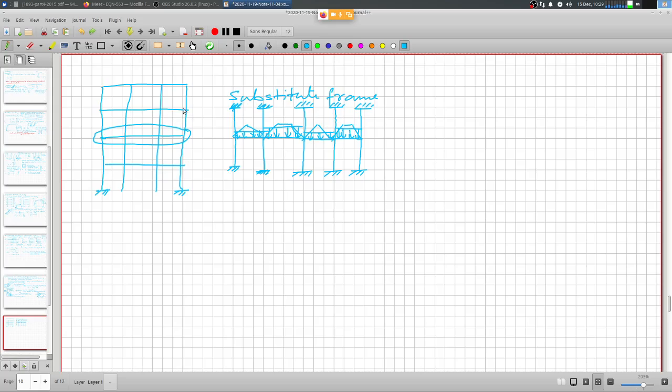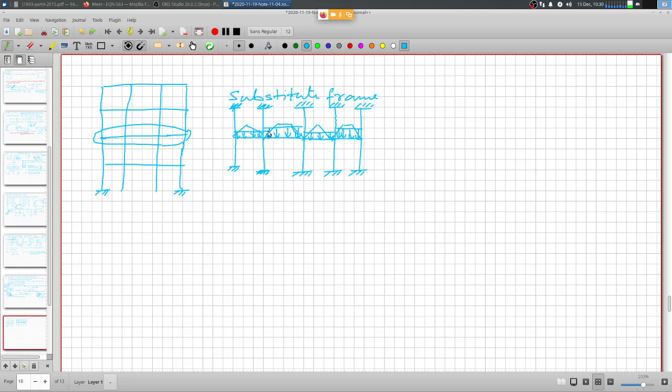You will find that the moment in the columns usually has this variation, the reversible signs, and the mid span is usually the point of contraflexure, and that is why you can assume hinge at the mid span, mid height of the columns.